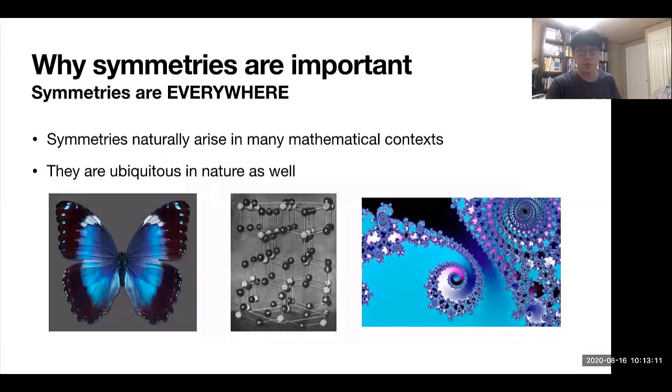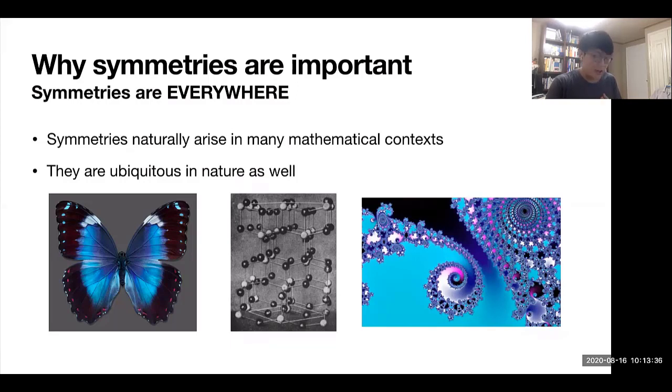Another reason, maybe more plausible for people who care more about science, is that symmetries occur very naturally in all sorts of different mathematical and physical contexts. There are some examples that I've brought to you.